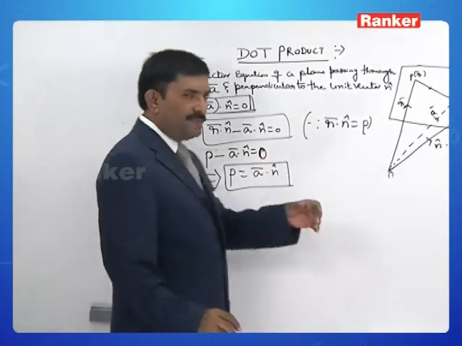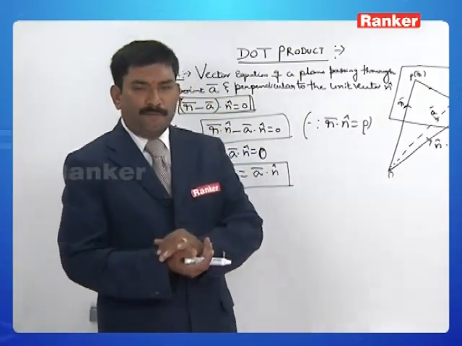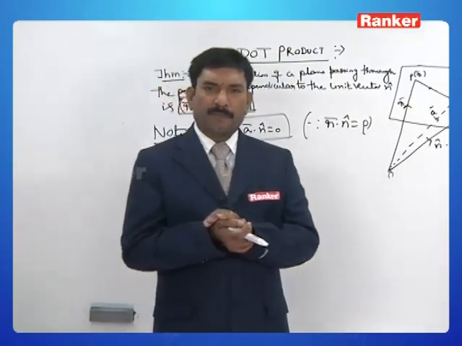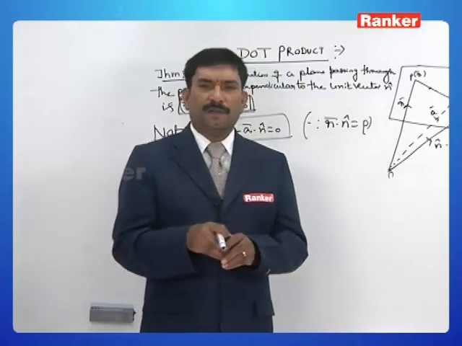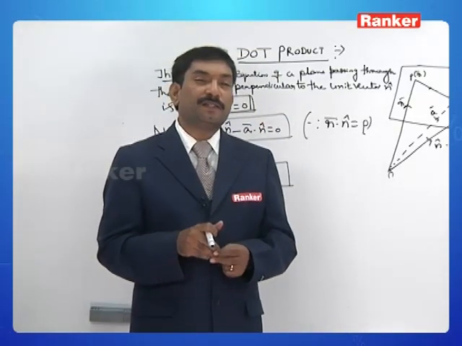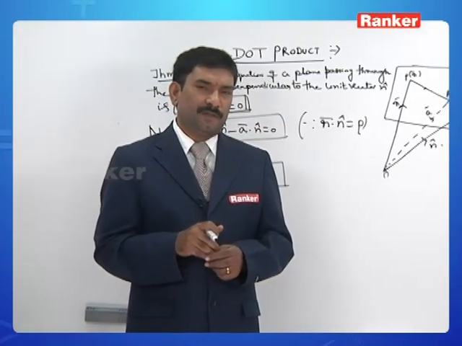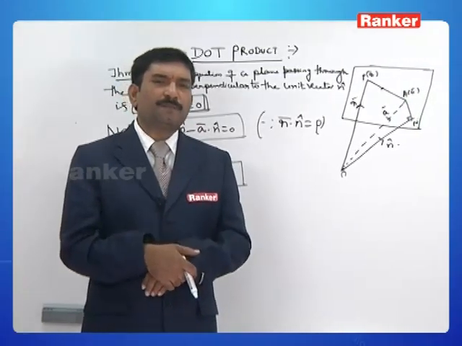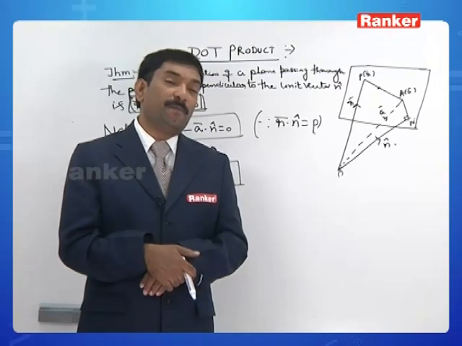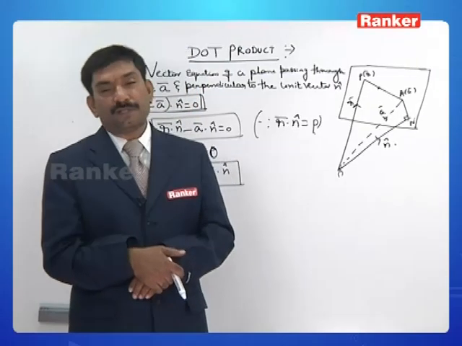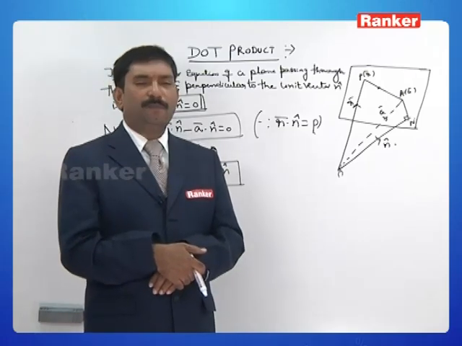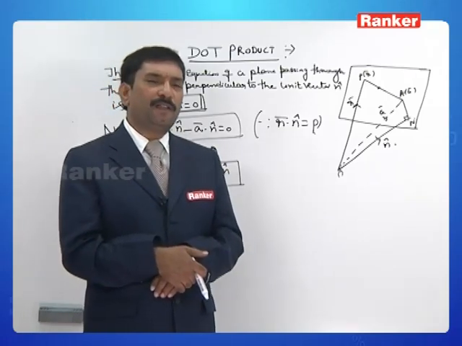This represents the perpendicular distance from the origin to the plane, and that plane is passing through the point A whose position vector is A bar, and N cap is the unit vector perpendicular to the plane.